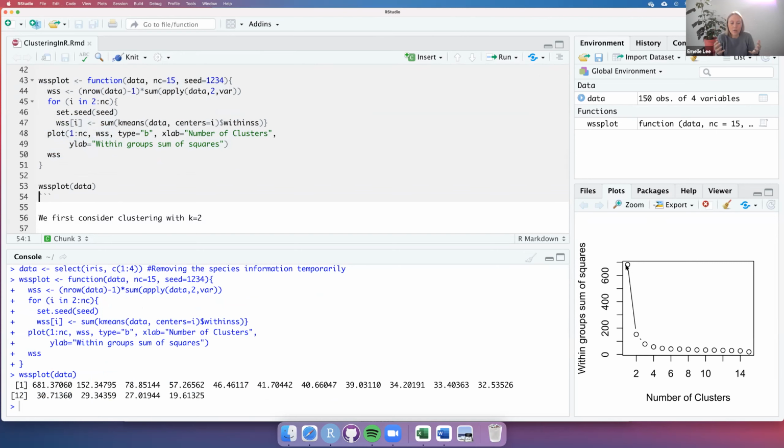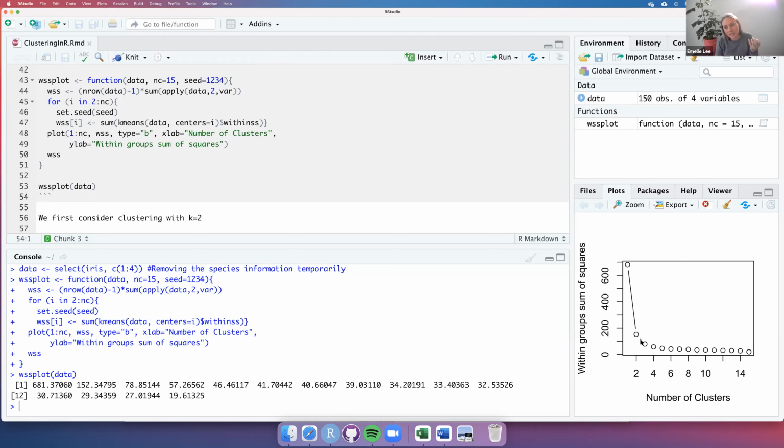Of course, one cluster is basically just everyone together, and no one is essentially in a cluster. Seems kind of weird, but that's how I think of it. So that's where you're going to see the most variability within that one cluster. As soon as we go to 2 clusters, we decrease the differences within each cluster.